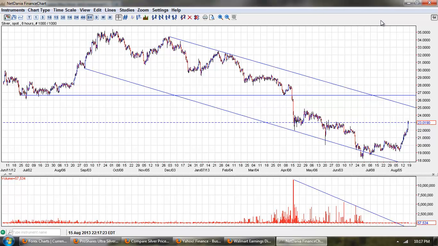So we're really still in the primary trend, which is a downtrend. It's just that we were so oversold that this seemingly large rally hasn't really brought us back that much.